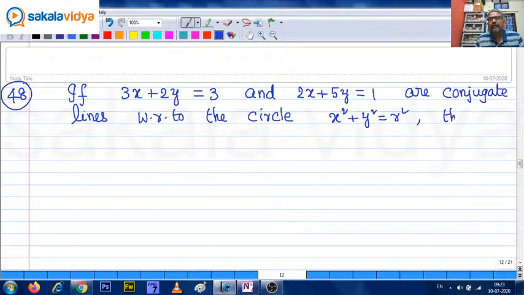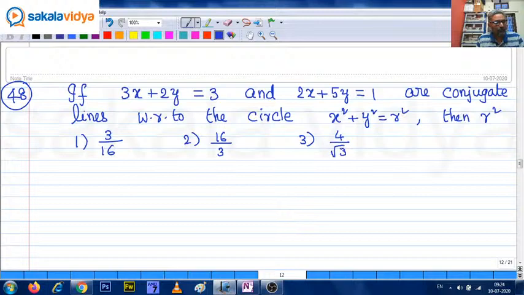then r square equals to: first option 3 upon 16, second is 16 upon 3, third is 4 upon root 3, fourth option root 3 upon 4.